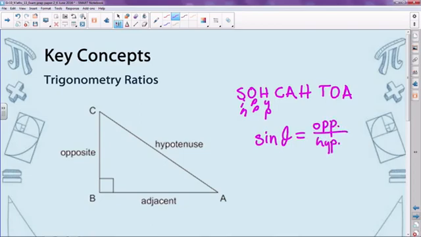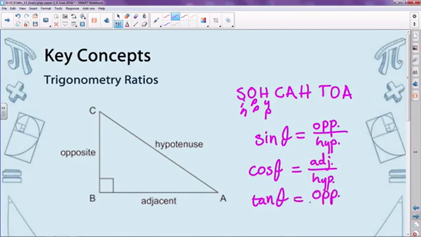So what do you think cos is equal to? Well, cos of theta is equal to adjacent over hypotenuse. And tan of theta is equal to opposite over adjacent.